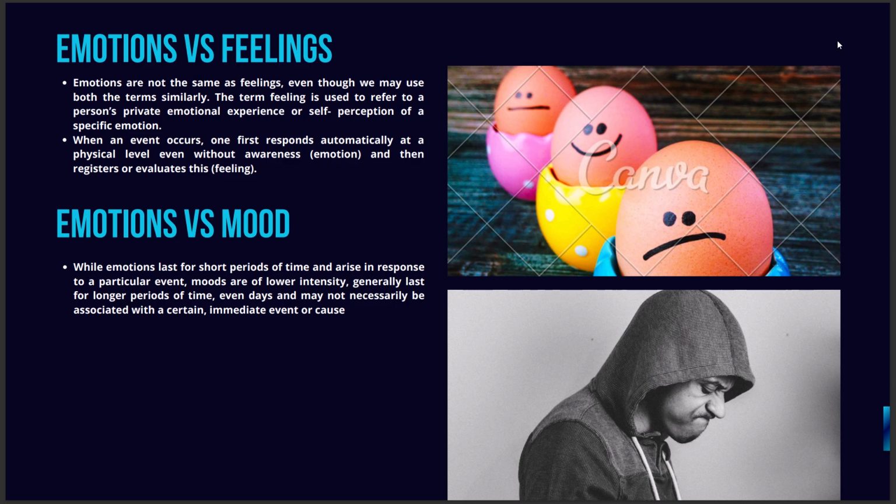Now let us look at the difference between emotion and mood. Emotions last for a short period of time and arise in response to a particular event. But moods are of lower intensity and can last for a longer period of time, maybe days together, which might be associated with a certain immediate event or cause.